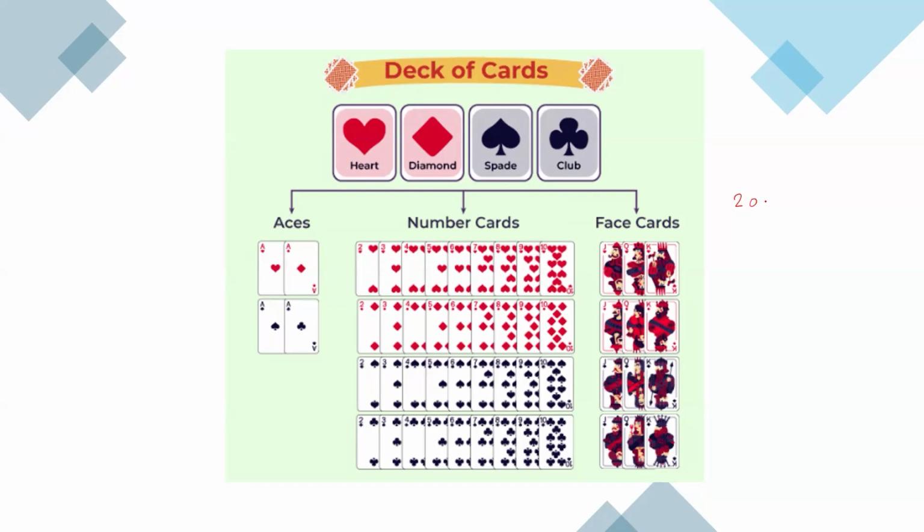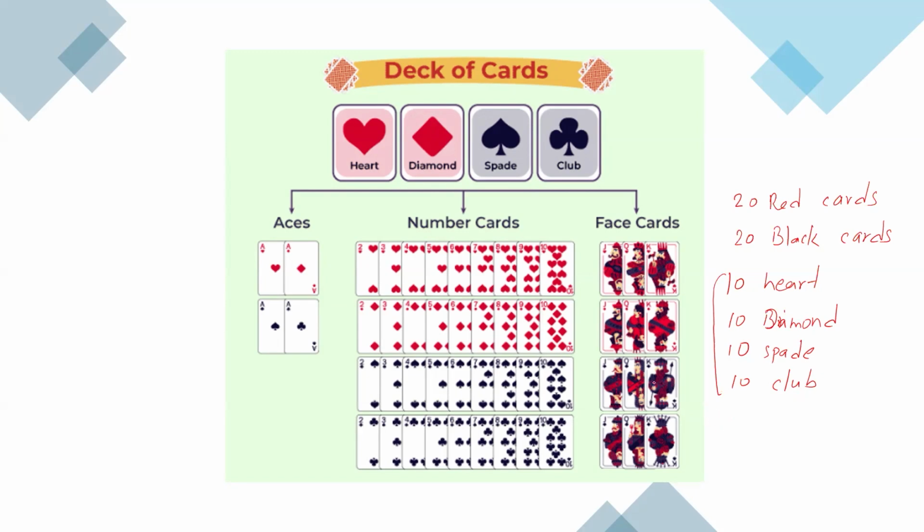So you have 20 red cards and you have 20 black cards. Along with this, you have 10 hearts, 10 diamonds, 10 spades, and 10 clubs.